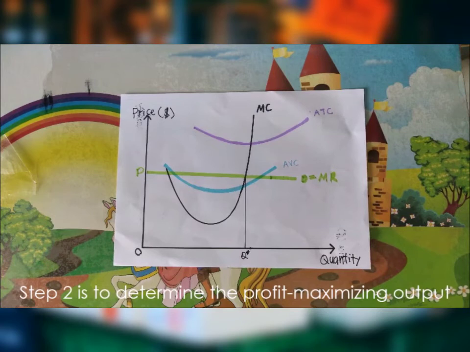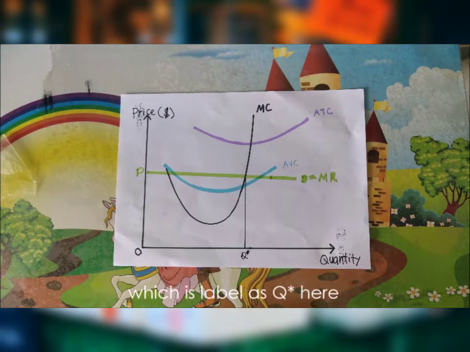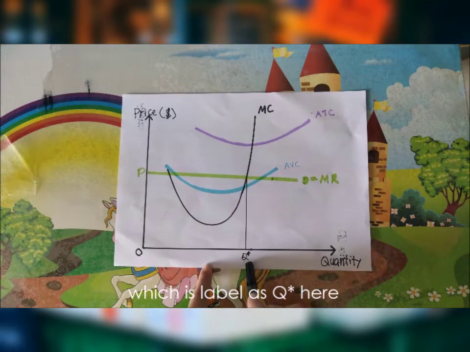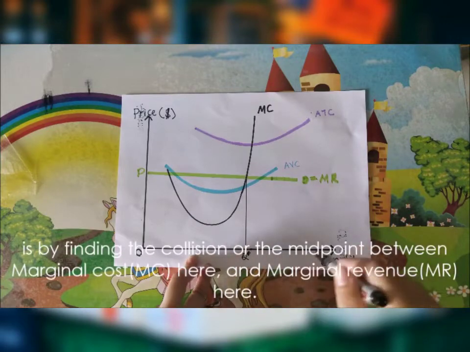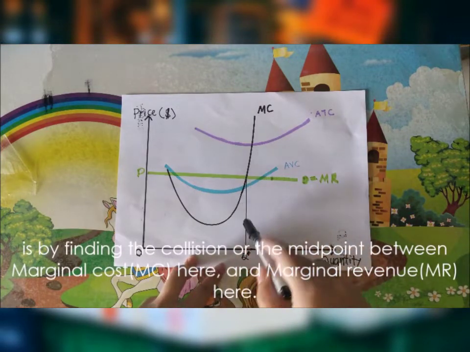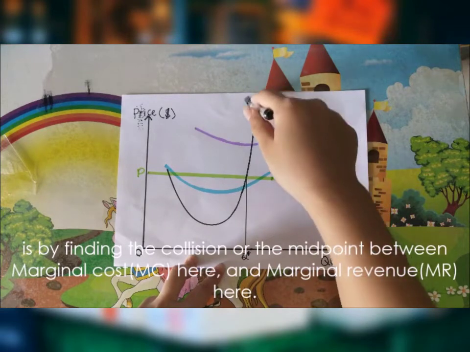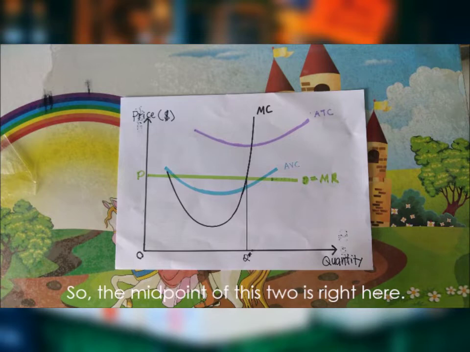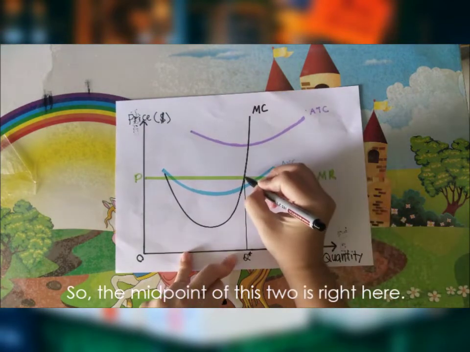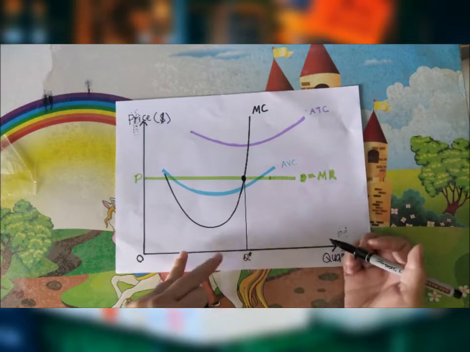Step 2 is to determine the profit maximizing output, which is labeled as Q star here, by finding the collision or the midpoint between MC here and MR here. So the midpoint of these two is right here. Okay.